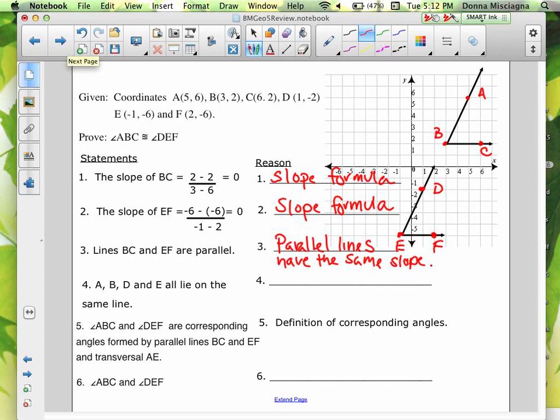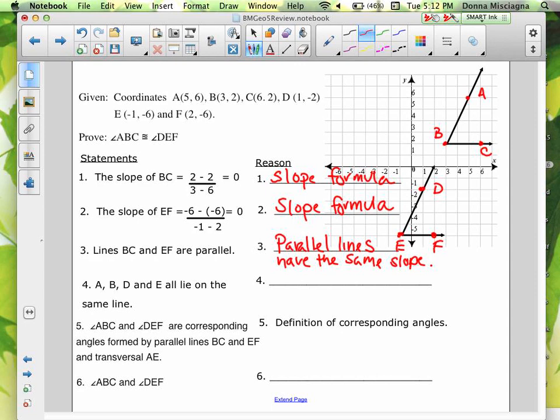A, B, D, and E all lie on the same line. Now that one might be a little bit tricky. So let's see if we can figure out what line they lie on.